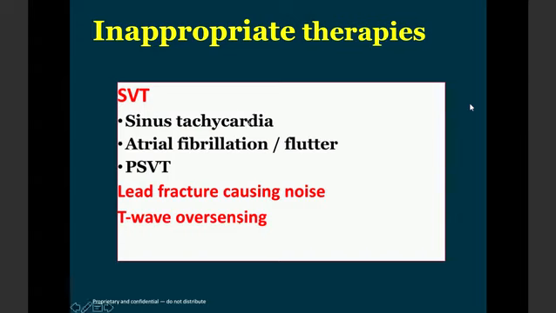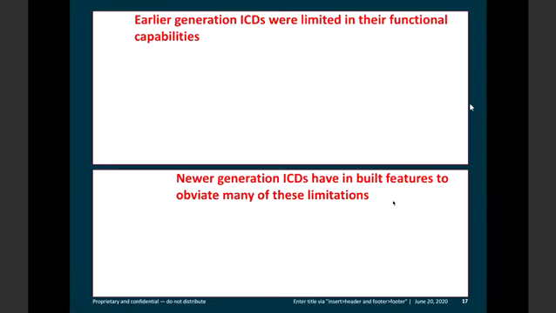This also can be a reason for inappropriate therapy. And of course, electromagnetic interferences can also cause abnormal signals which can be sensed by the device as a ventricular arrhythmia. So these are all situations where there is no ventricular arrhythmia, but the device can detect plus minus treat like a ventricular arrhythmia, which can be a reason for inappropriate delivery of therapy.